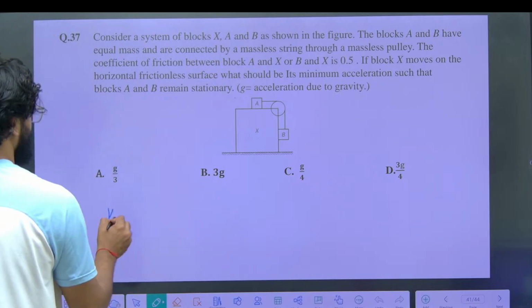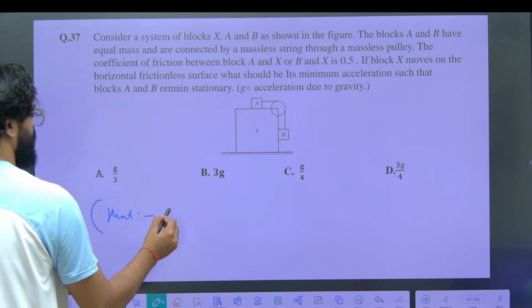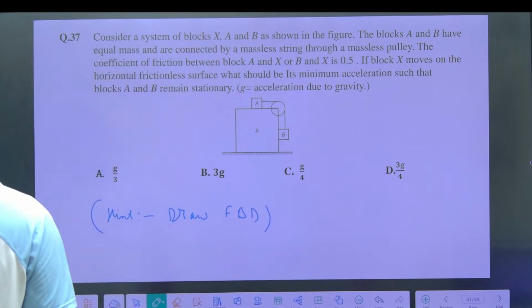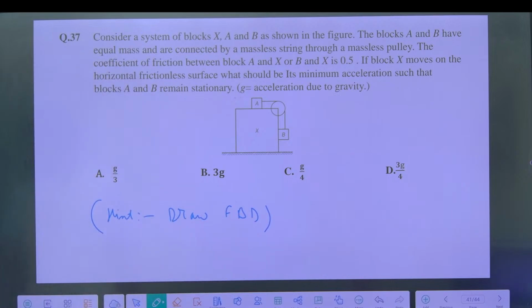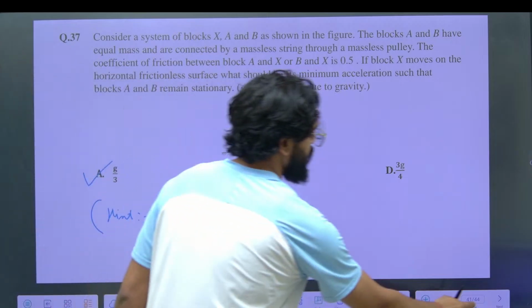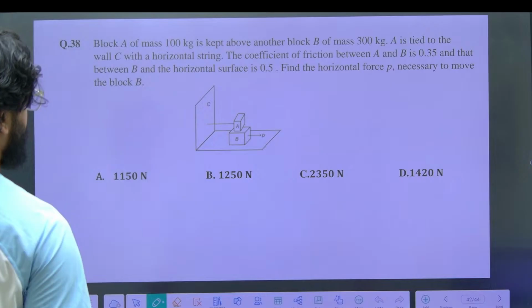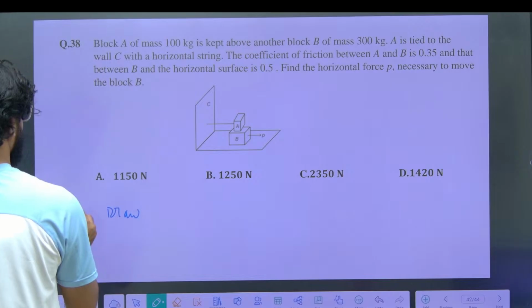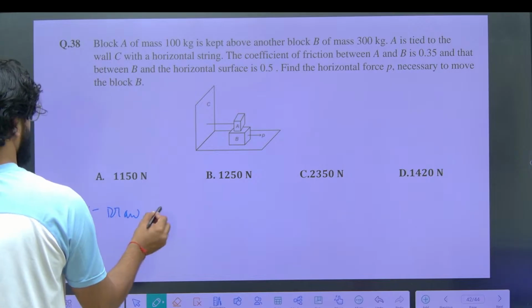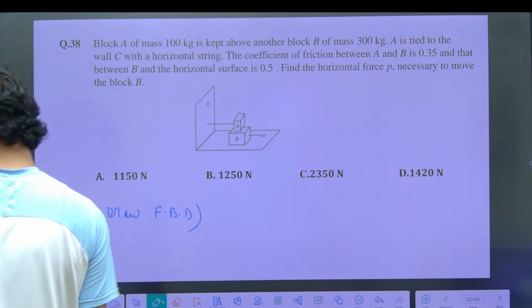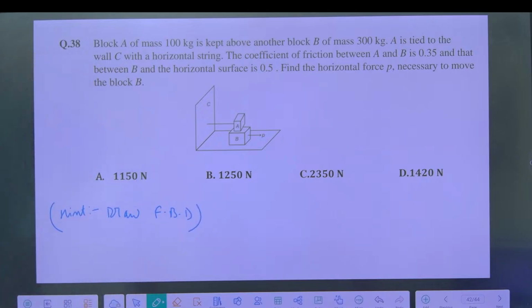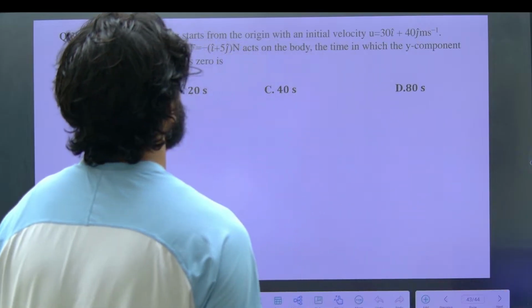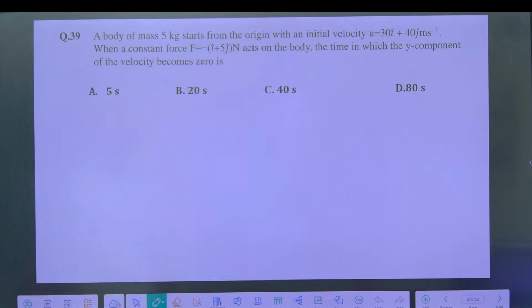Hint: draw the FBD nicely. Very easy question.